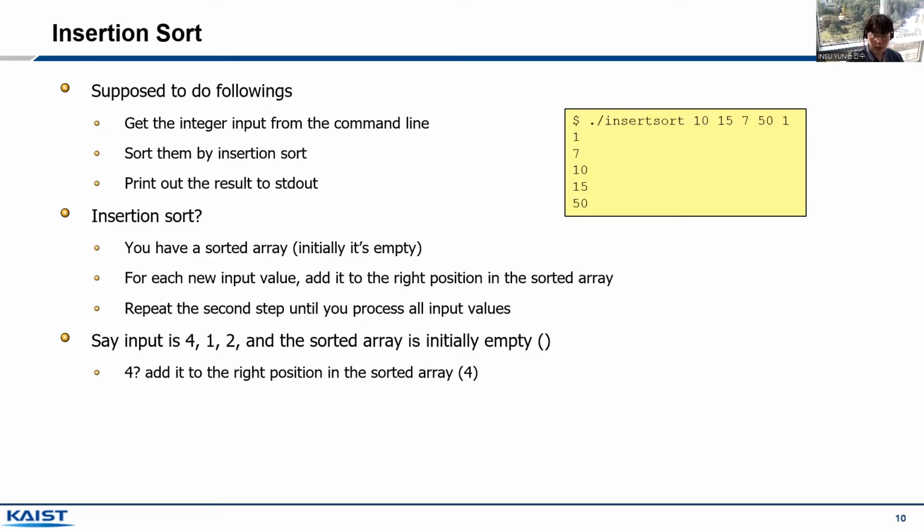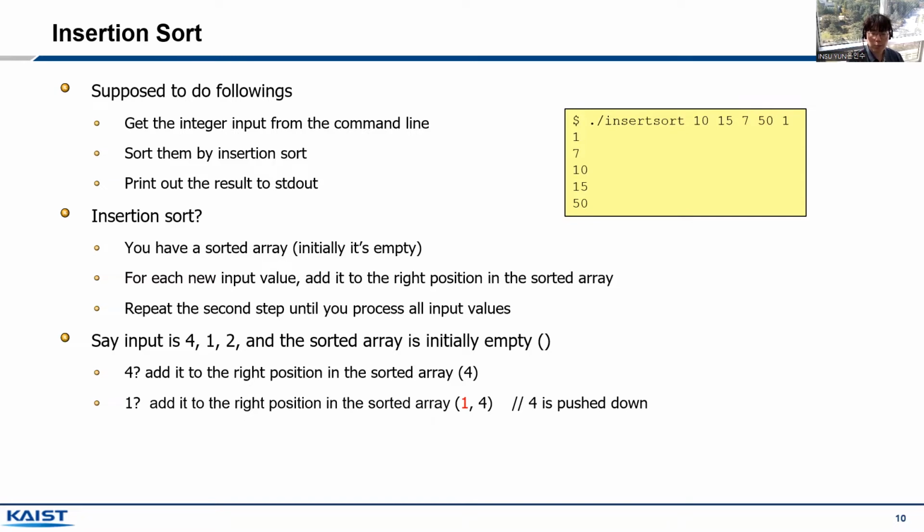In the empty array, the right position should be the first location, because the array is empty, so we should put it at the first position of our sorted array. So the resulting array would be just 4.